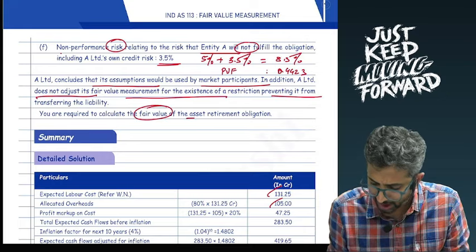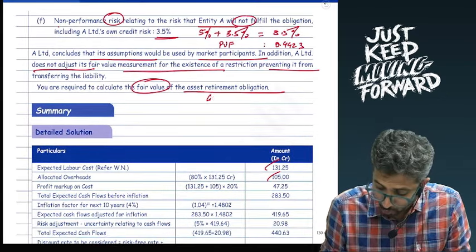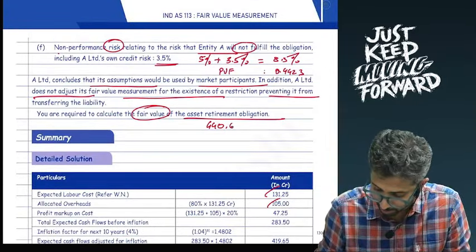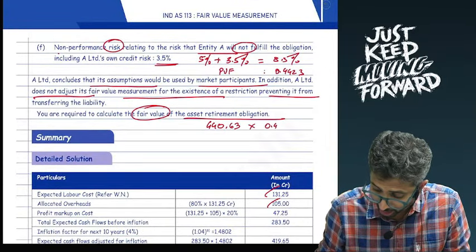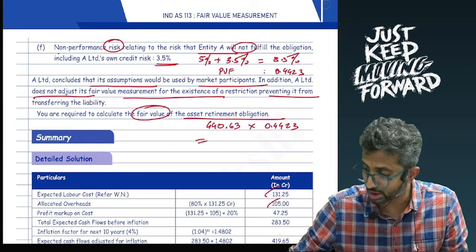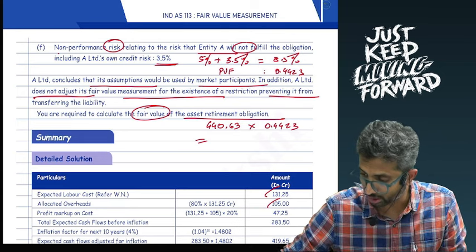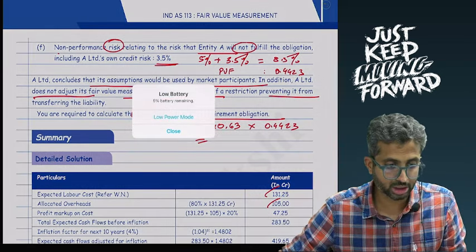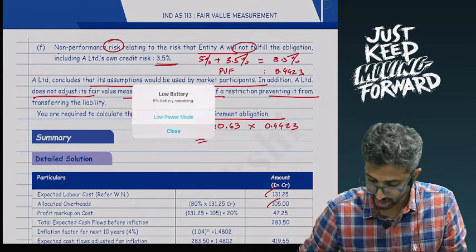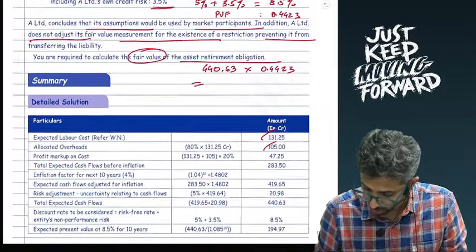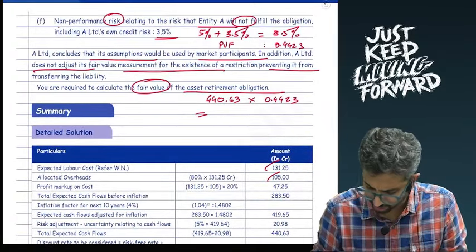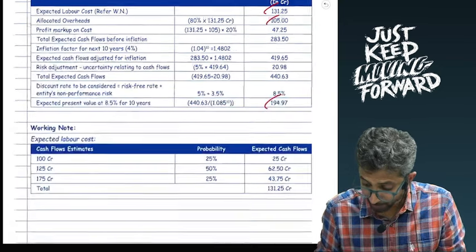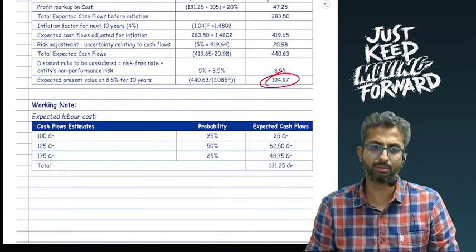You are required to find the fair value of the asset retirement obligation. 440.63, expected to be paid after 10 years, into 0.4423 in today's terms. So 440.63 into 0.4423 comes to, let us say, 194.9 something. So 194.9 approximately will be the value of your site restoration liability.